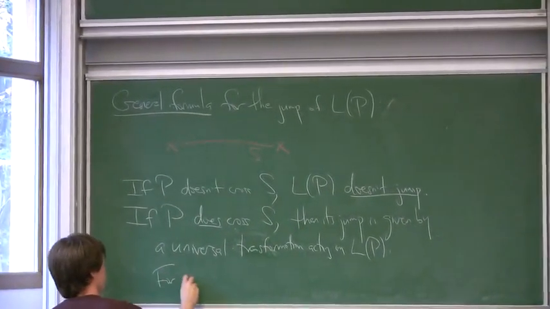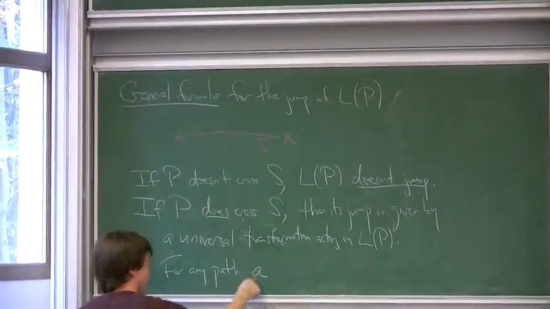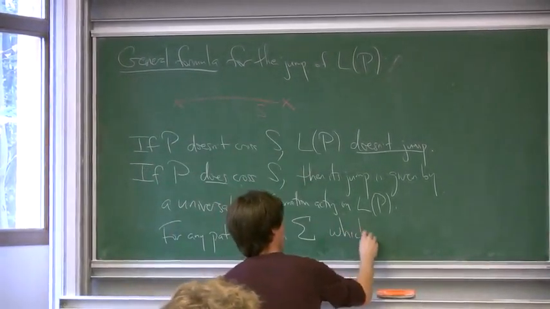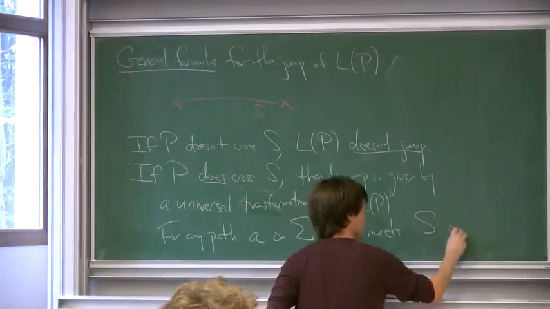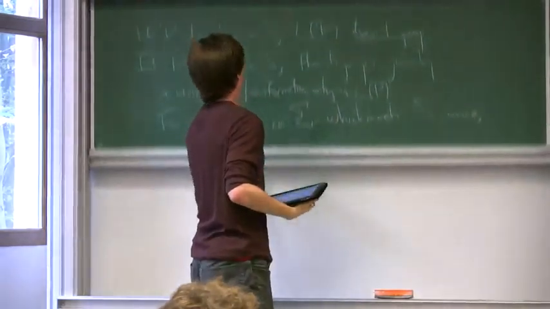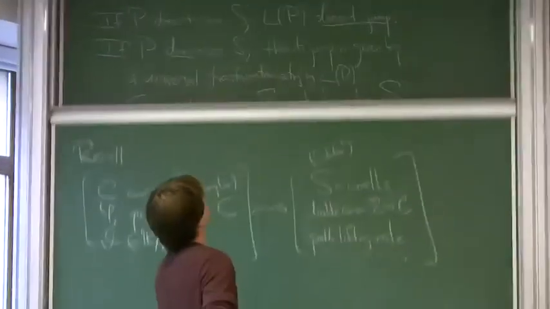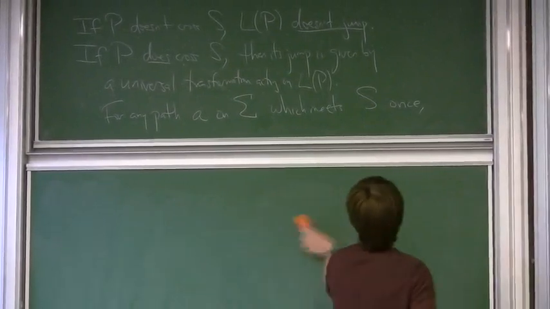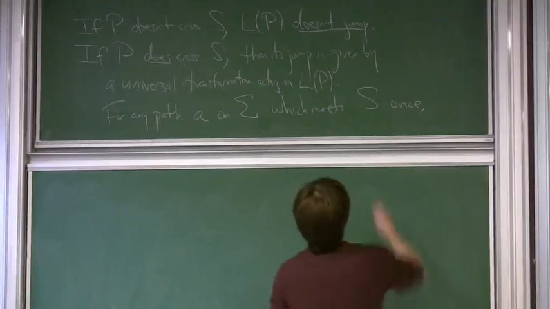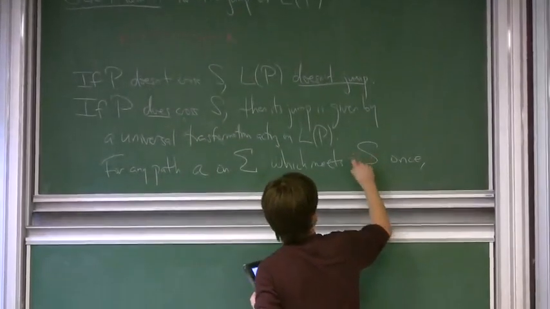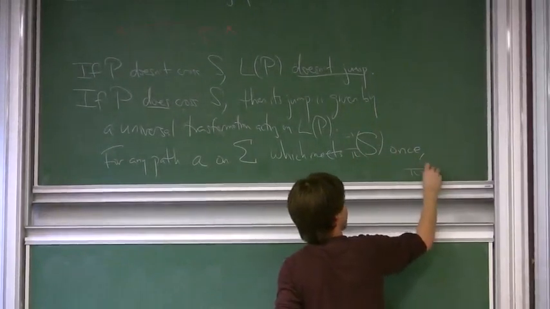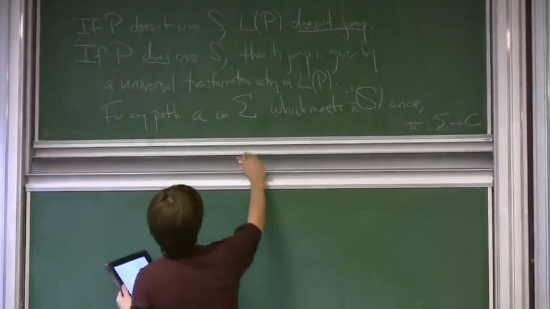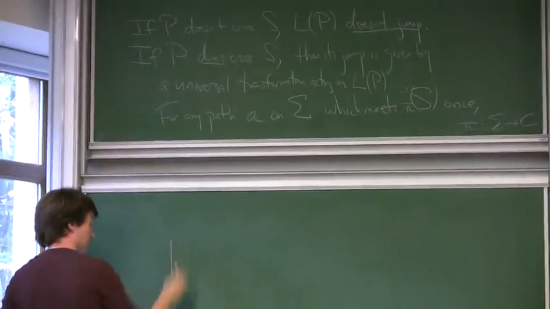For any path, I'll use little a for the paths on sigma, any path on sigma which meets S once, which meets the lift of S. Let's call it pi inverse of S, where pi is the projection from sigma to C. For any path on sigma, now I'm drawing the path upstairs, but the picture will be similar.